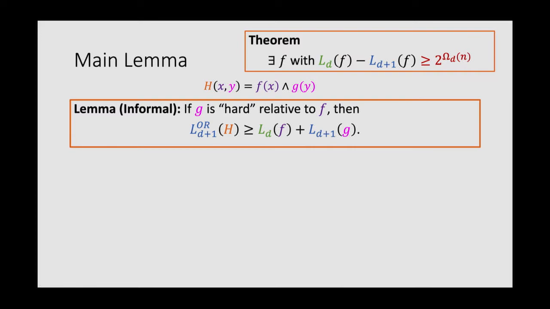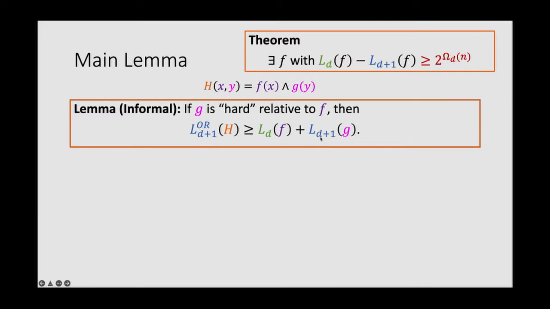So you hand me functions f and g, and if there's some informal property, which I'm not going to state, if g is somehow hard relative to f, then the depth d plus 1 complexity of h, I'm going to come back to the OR on top, you could probably guess what it means, is greater than or equal to the depth d complexity of f plus the depth d plus 1 complexity of g.